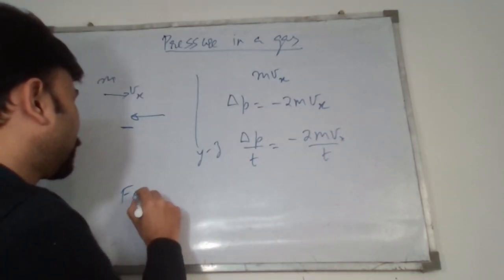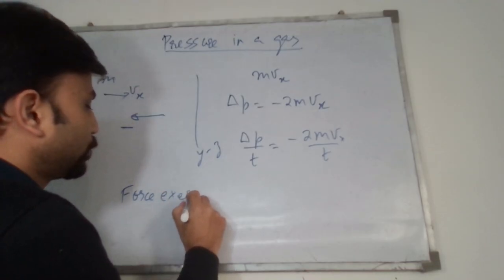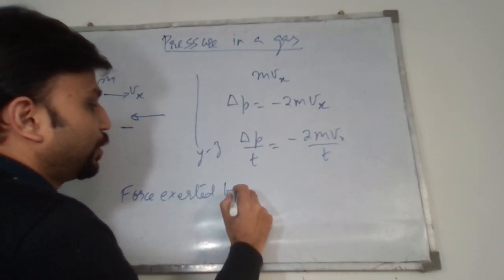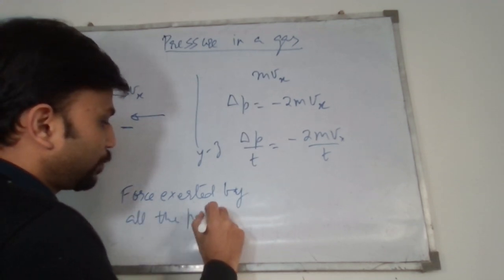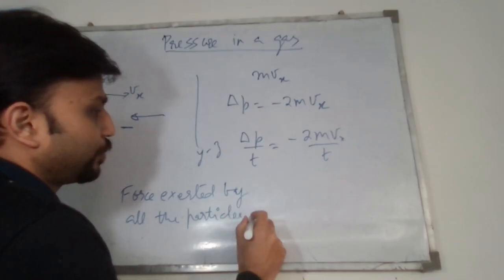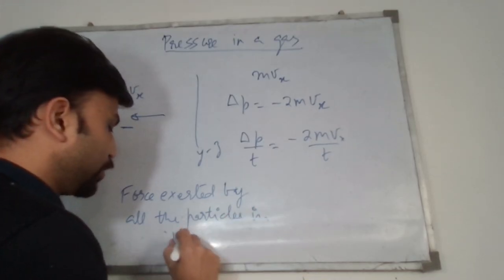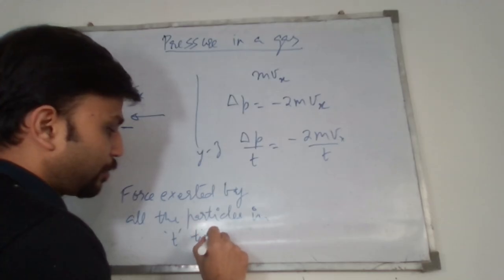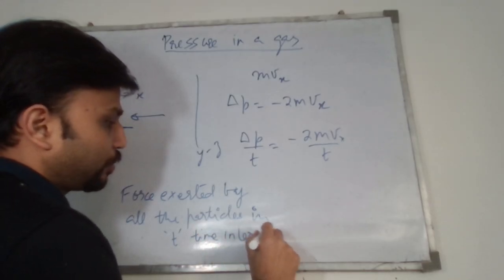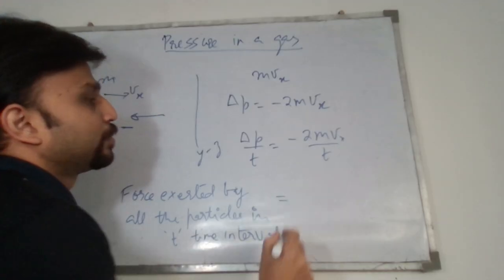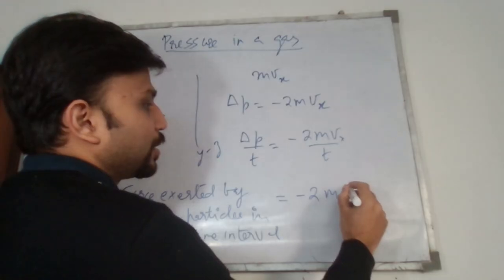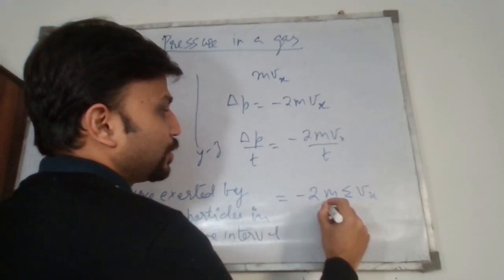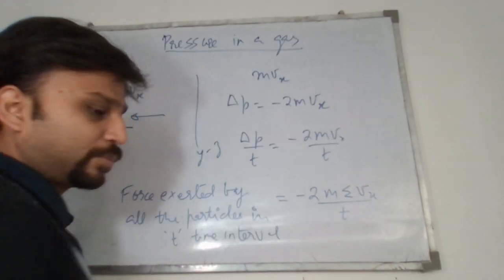The force exerted by all the particles in that t time of motion is equal to minus 2m summation vx by time. Right? That would be the force.